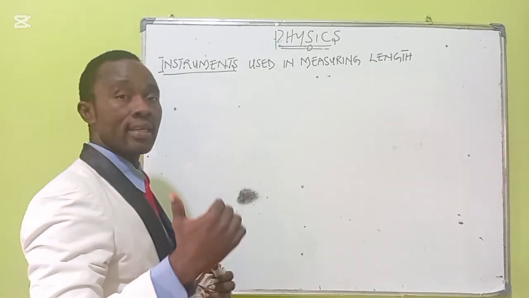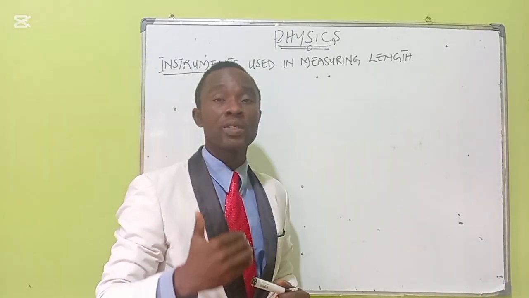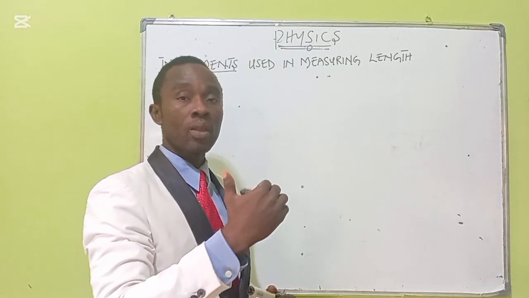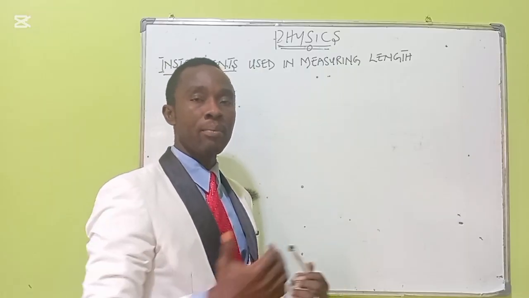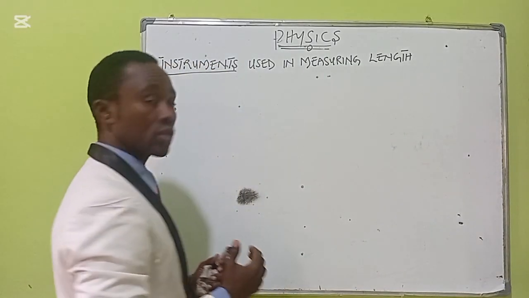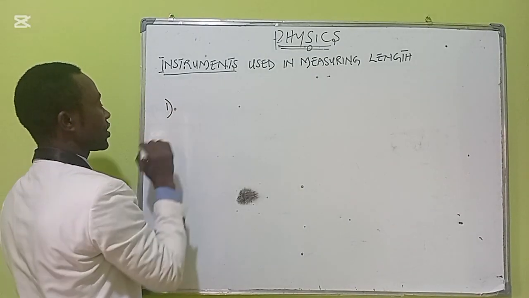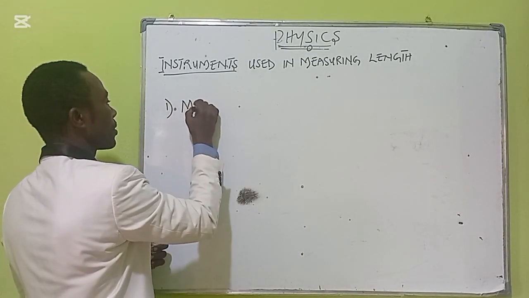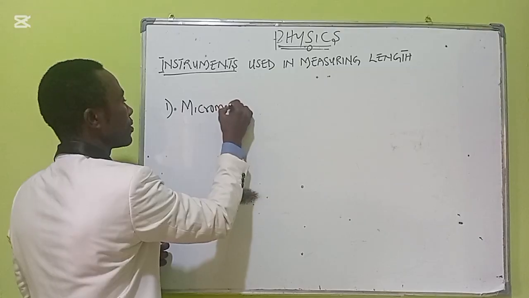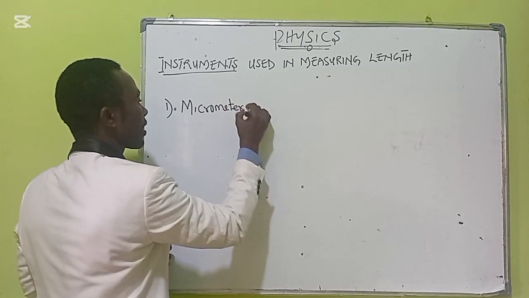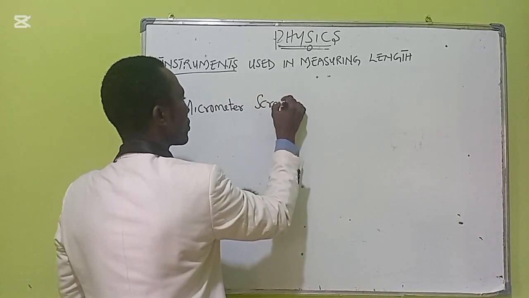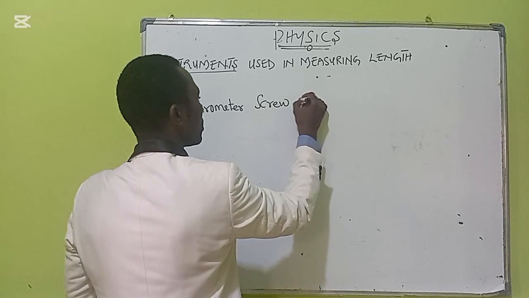Now I will list some of the instruments used in measuring length, from the least distance that they can measure and so on. The first instrument is the micrometer screw gauge.